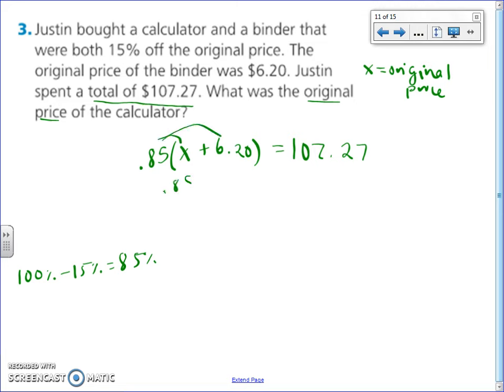I'm going to get 0.85x plus, for my binder, I have 6.20 times 0.85, which gives me $5.27 equals $107.27. I'm going to subtract $5.27 from both sides.